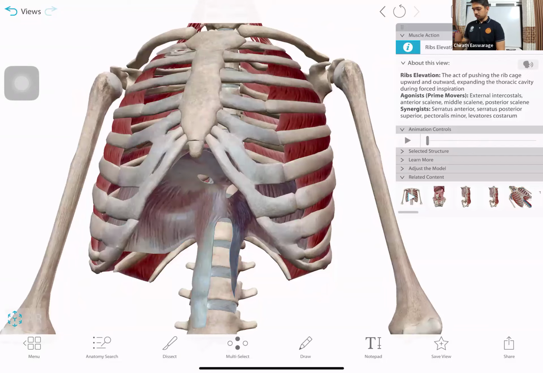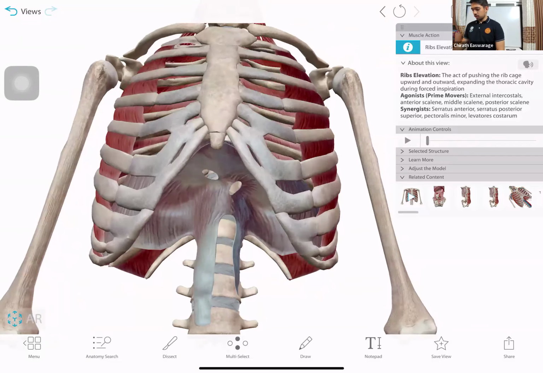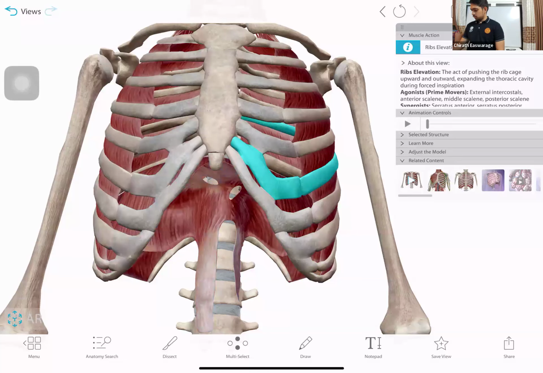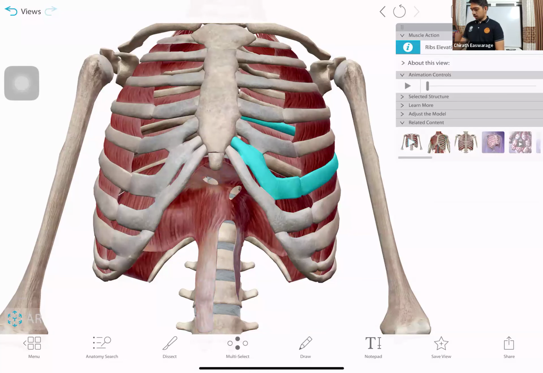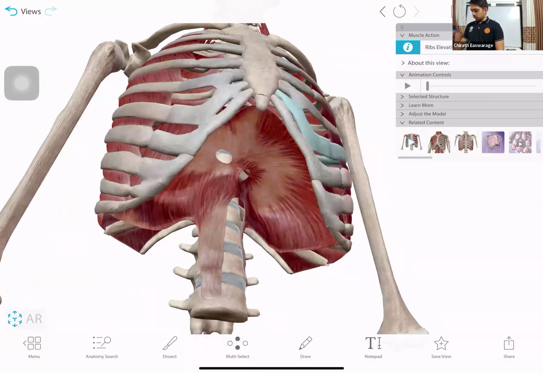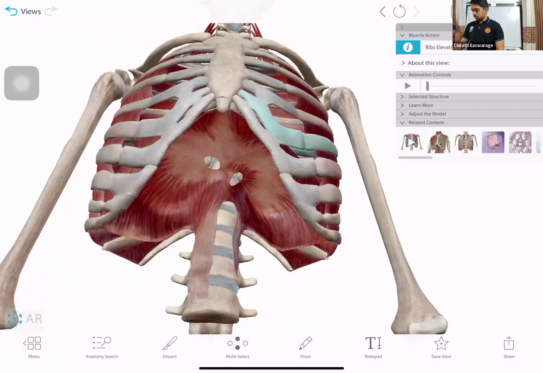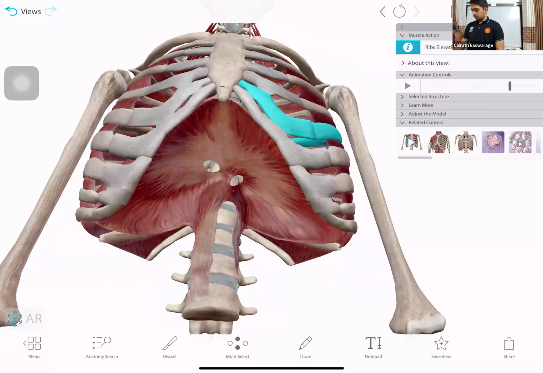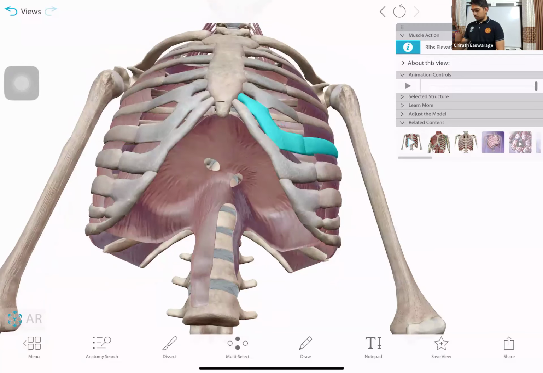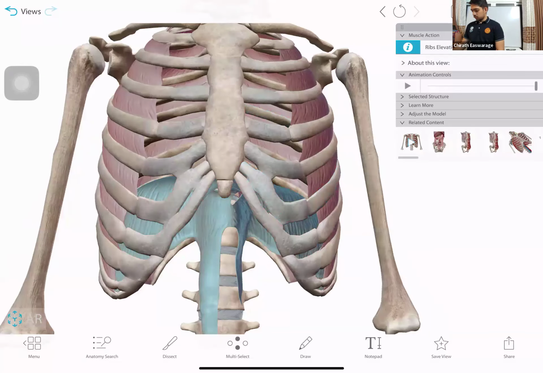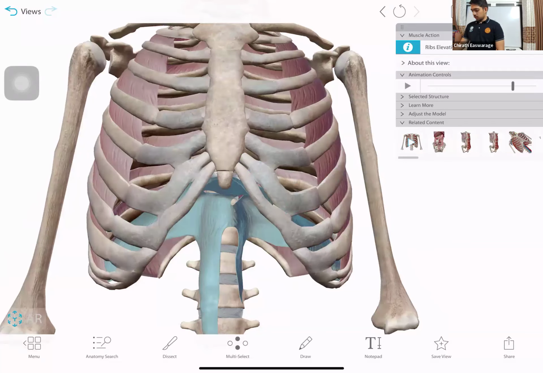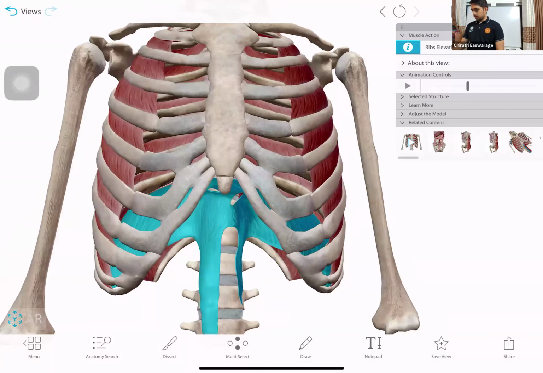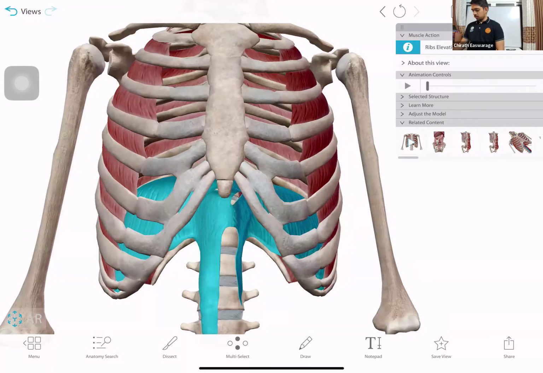I will look at it from this side. Let's remove these cartilages. Look at the diaphragm again. You're going to see it coming down. It's getting flattened, and now it is going back. If you focus here, can you see? It's getting flat and getting curved again.